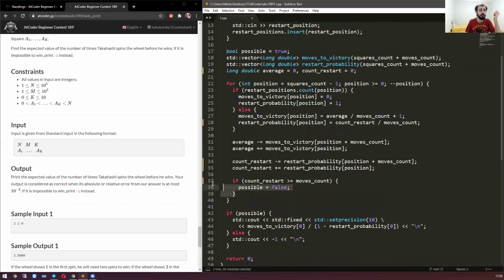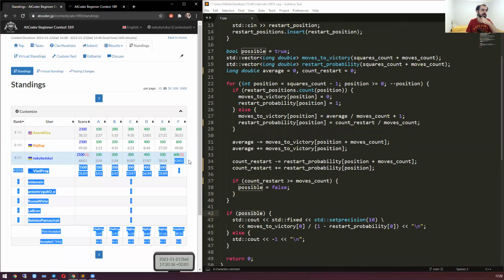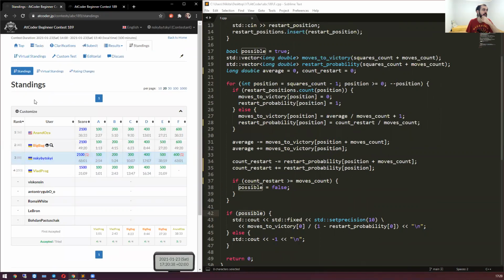And I only checked this condition at the very end, and it's not correct because the m blocked cells in a row can be somewhere in the middle. So I originally checked it there and got a penalty of 5 minutes, fortunately. I don't think it would change a lot.